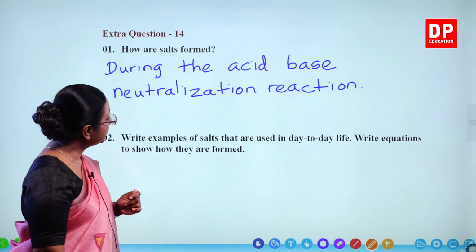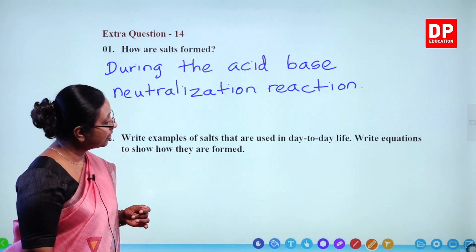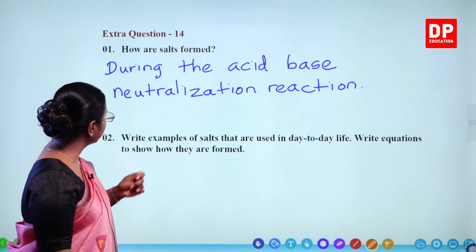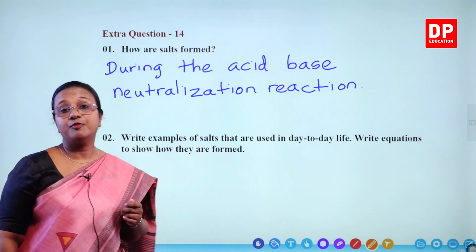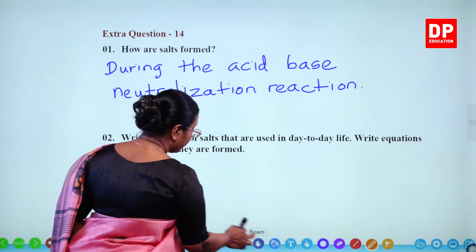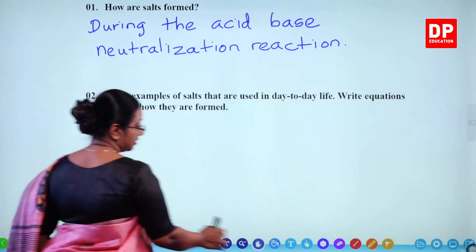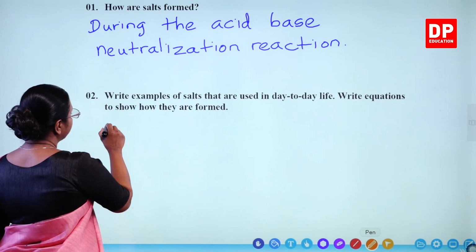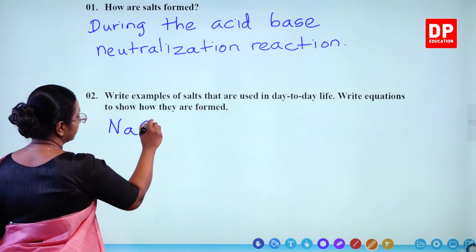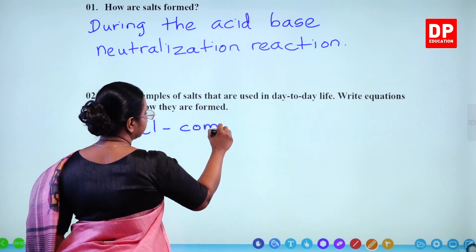Then write examples of salts that are used in day-to-day life. Write equations to show how they are formed. So here, if you write equations, now we can take one example, the common salt, sodium chloride.